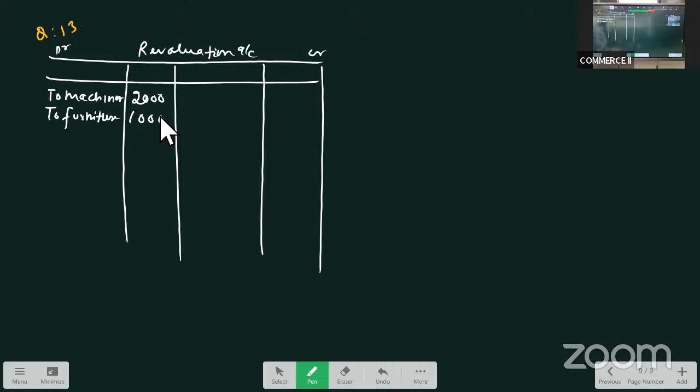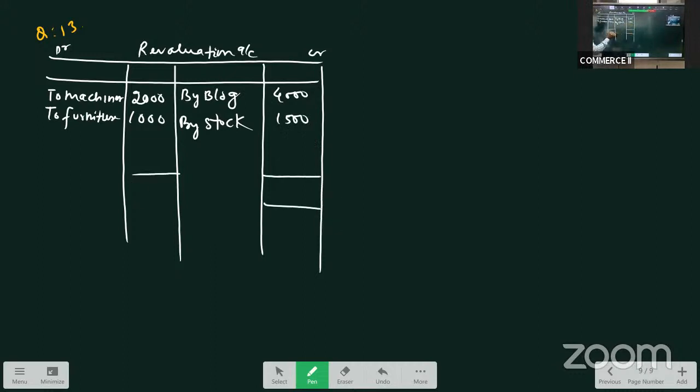Then building is appreciated by 20%. What is the value given? 20,000, 20% would be 4,000. And stock also is appreciated by 10%. The given value is 15,000. 10% would be 1,500.